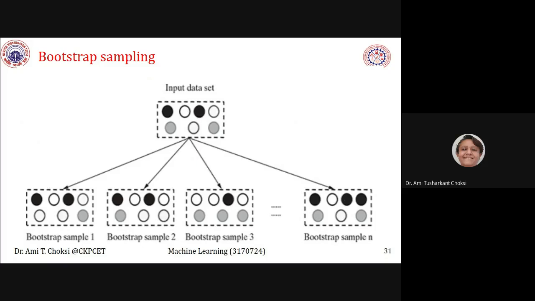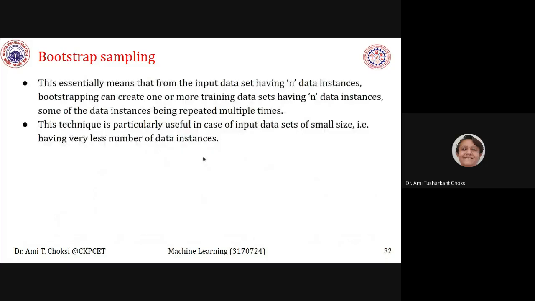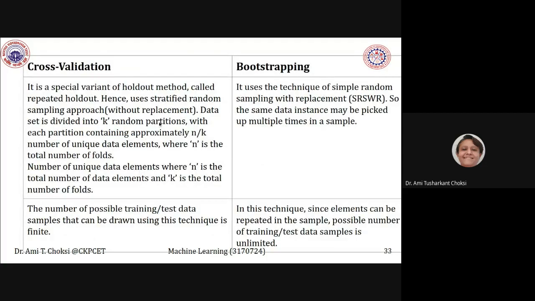These are being repeated. This technique is particularly useful in case of input data sets of small size, that is, having very few data instances. So what's the difference between cross-validation and bootstrapping?